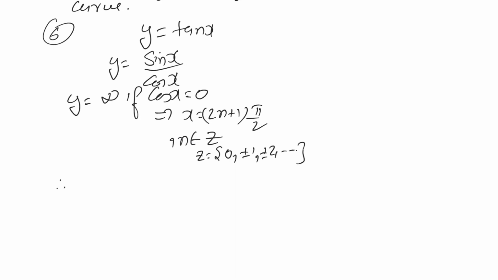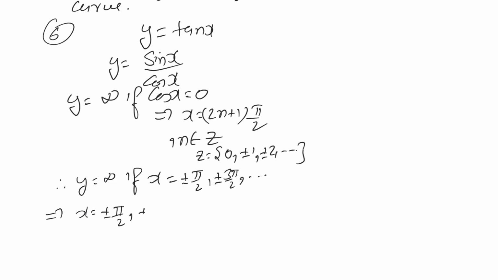Therefore, y is equal to infinity if x is equal to plus minus pi by 2, plus minus 3 pi by 2 and so on. This implies that x is equal to plus minus pi by 2, plus minus 3 pi by 2 are the vertical asymptotes.